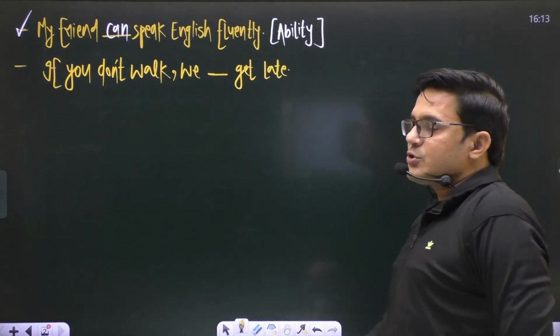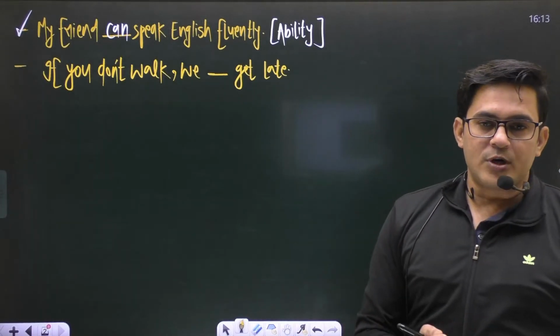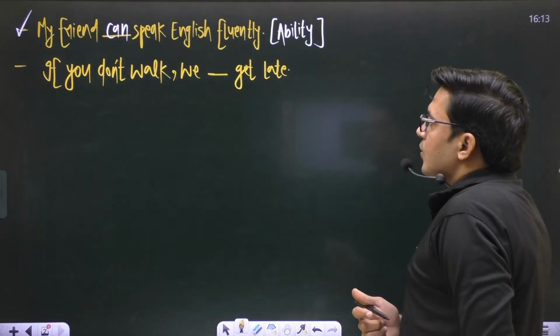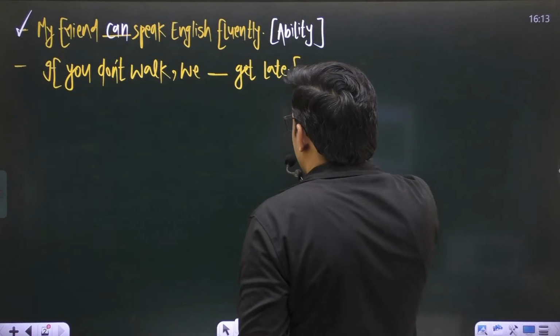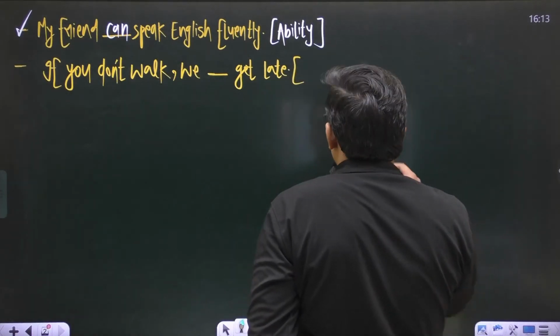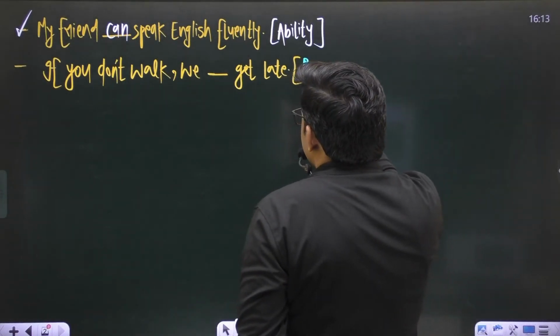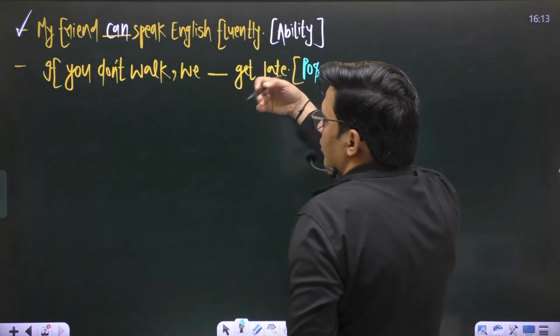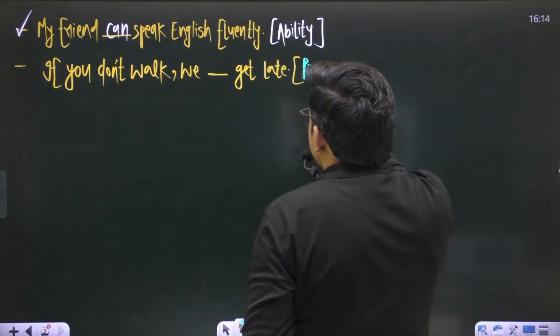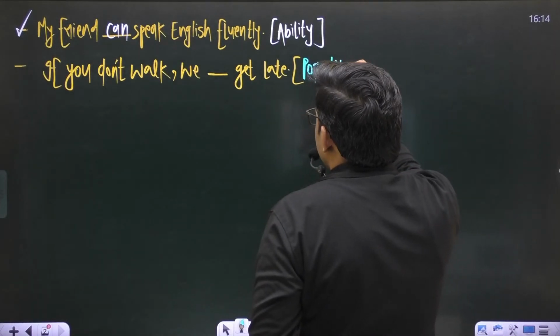Okay, next sentence you have, if you don't walk, right, we blank get late. Okay, in this sentence, we are again talking about possibility, right? It is possibility to get late if you don't walk fast.